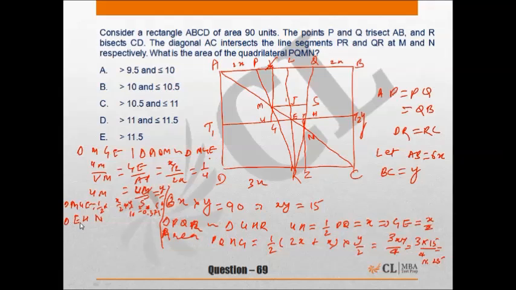Similarly, we can find the area of triangle EHN, which is equal to 0.27.